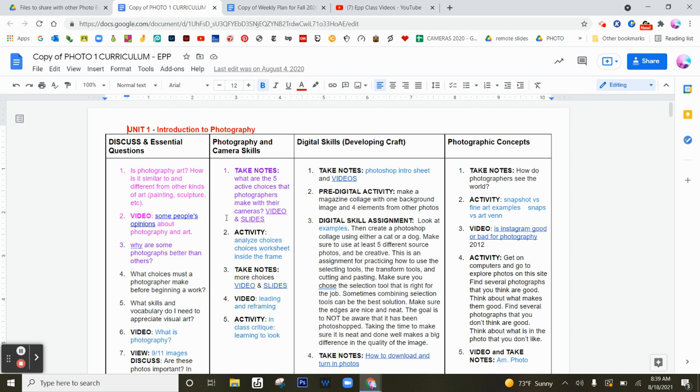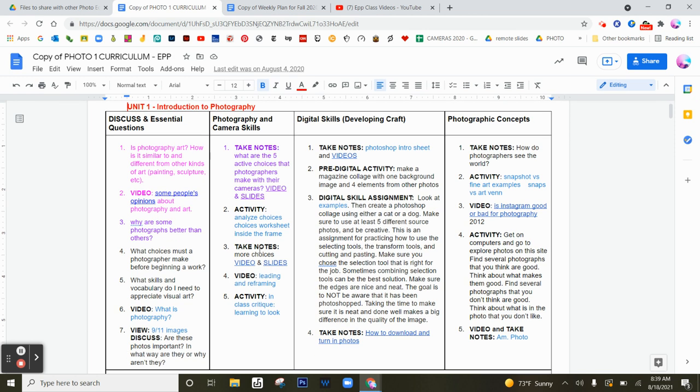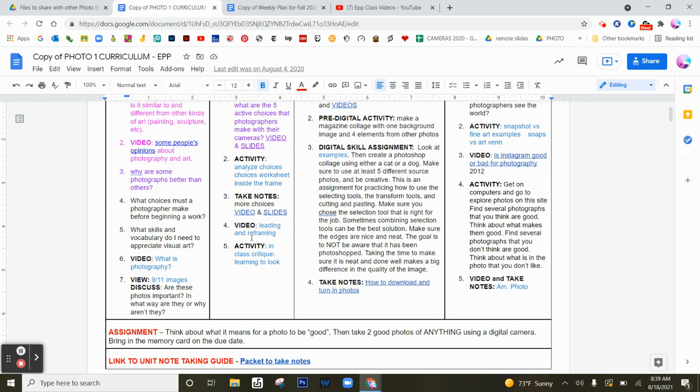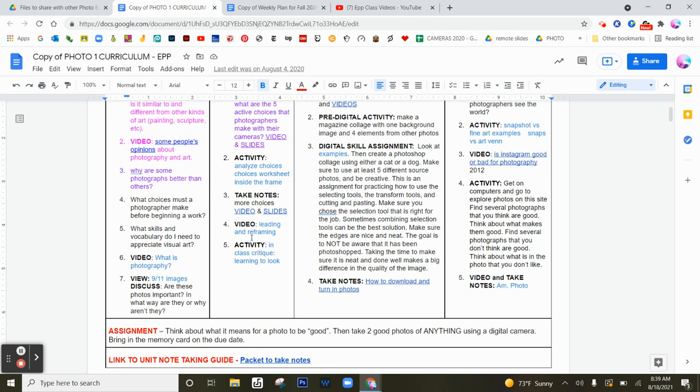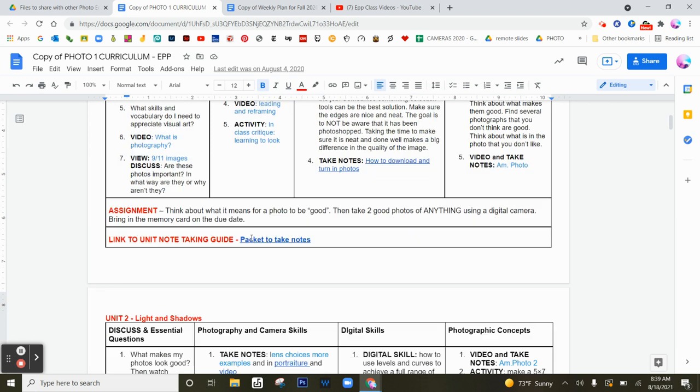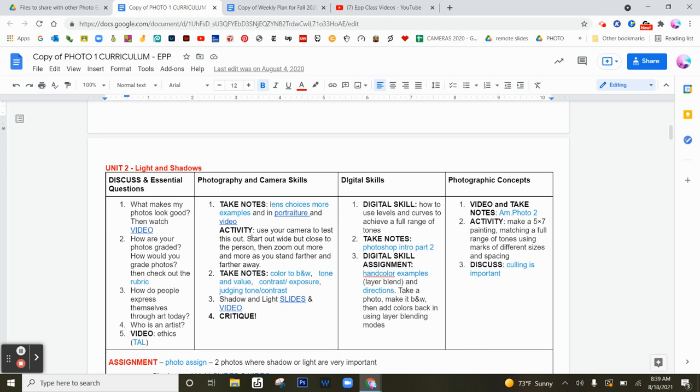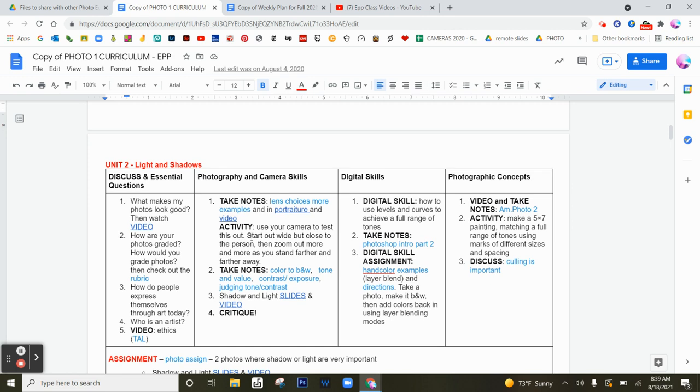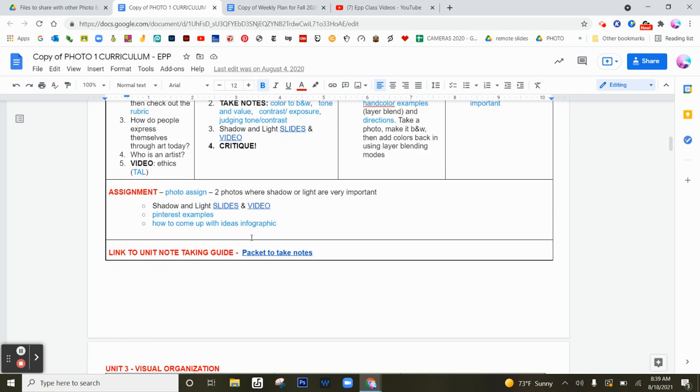So I introduce that idea to the students, so they become more mindful in the way they look at the world. Then the next unit is light and shadows, because everybody notices light and shadows, but photographers think of light and shadows in a different kind of way.